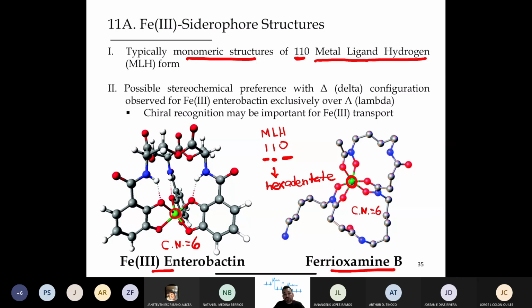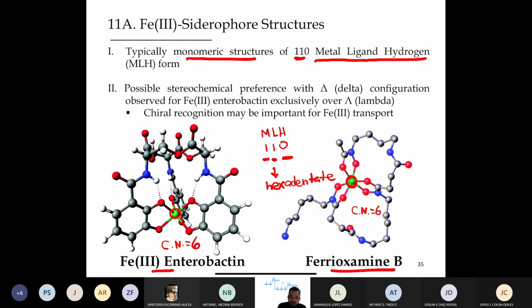You have 3 of those hydroxamates coordinated to that iron. Depending on the configuration of the ligand, how it's actually coordinated to the metal center, there is going to be isomerization possible. This is something that I'm not going to necessarily cover.